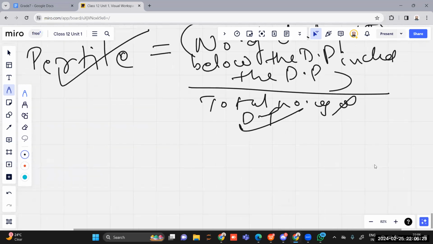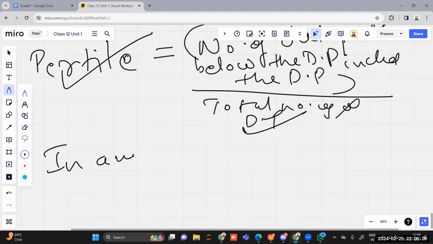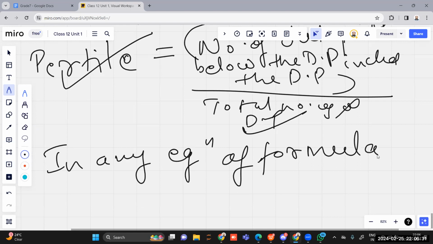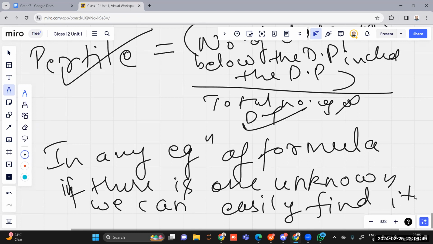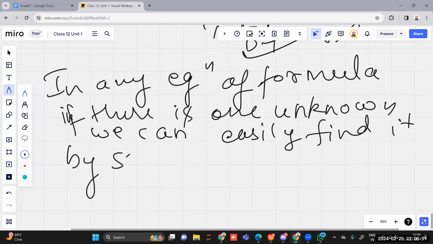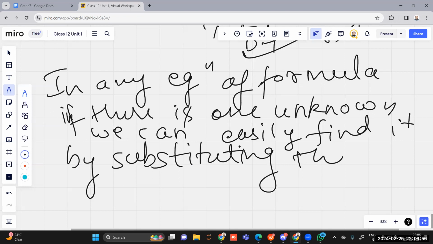In any equation or formula, remember this is a quote: if there is one unknown, one missing value which we do not know, we can easily find it by substituting the known ones. This is the basic of maths.